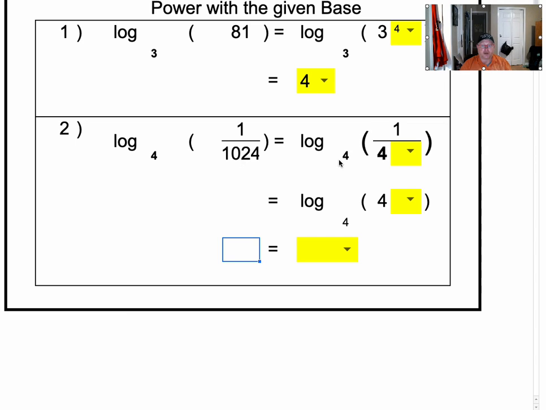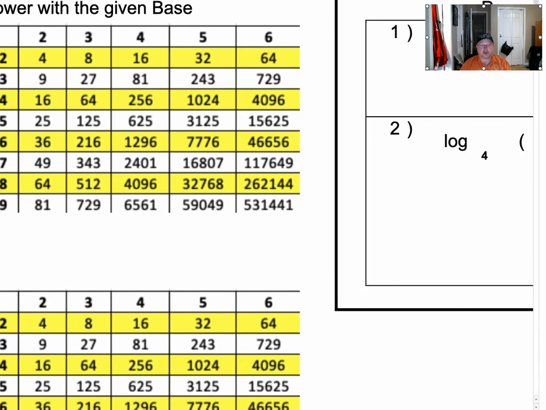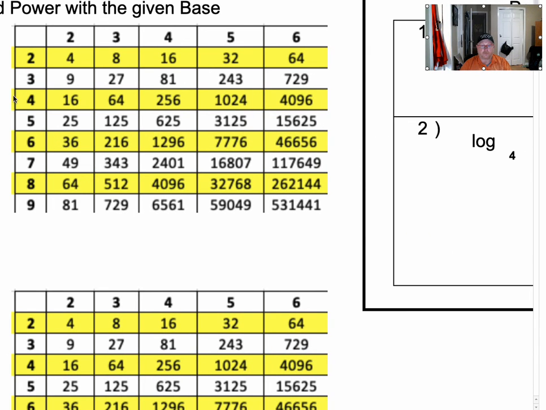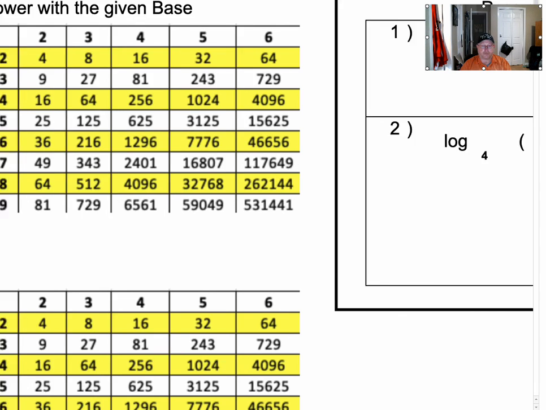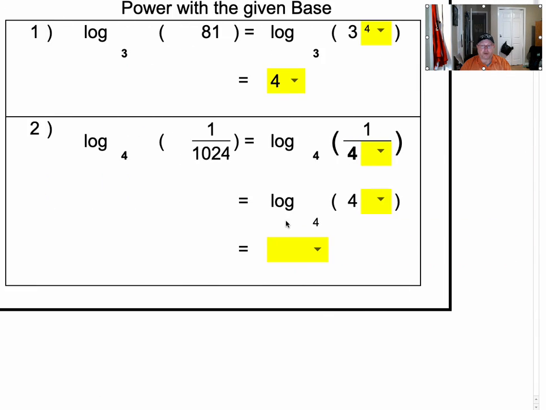But again, I want to get a common base between 4 and 1024. I turn 1024 to base 4, and I have to figure out what exponent it is. 4 to something is 1024. The exponent is 5.